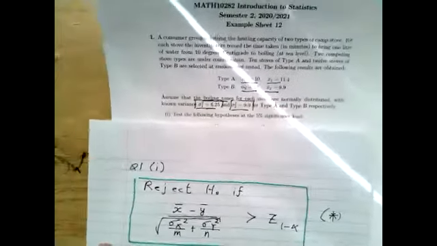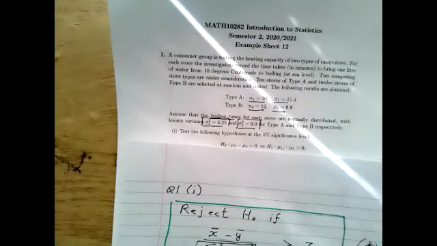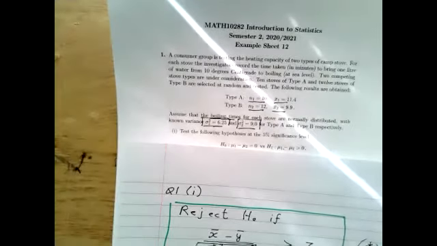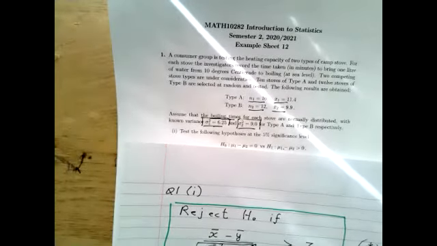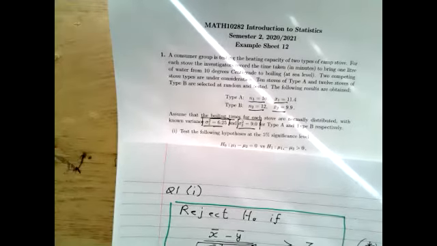Before I do that, let me write down the data that is given to us. According to the question, the data that we have is as follows. X bar, the sample mean for the first sample, is 11.4. Y bar is 9.9.